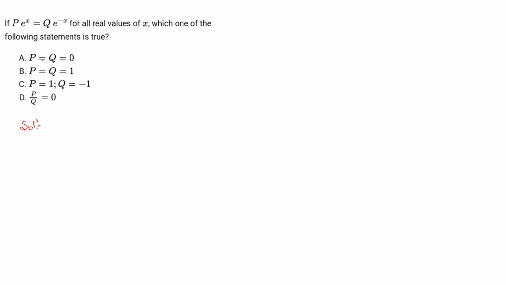If p equal to q equal to 0, put p equal to q equal to 0 in the given equation. Then 0 times e to the power x equals 0 times e to the power minus x, so 0 equal to 0, LHS equal to RHS. So this is correct.